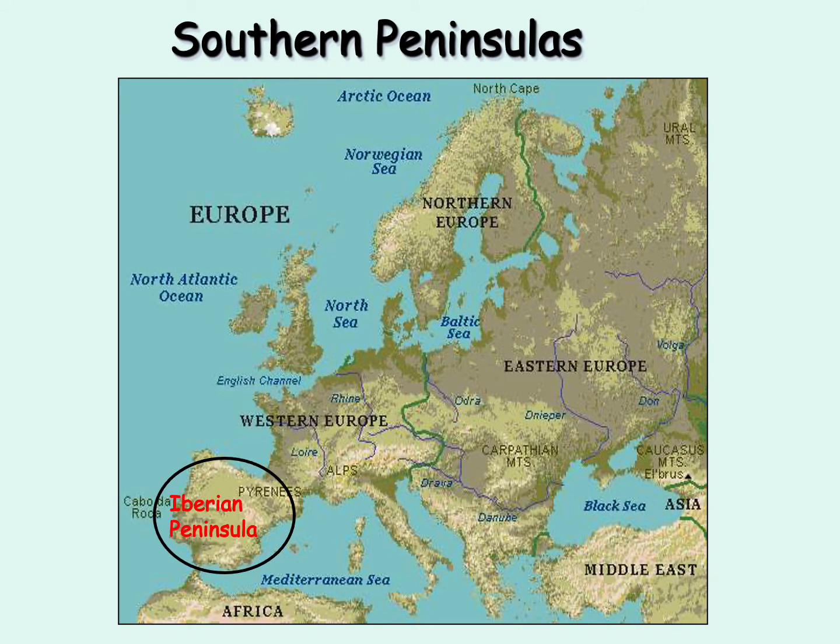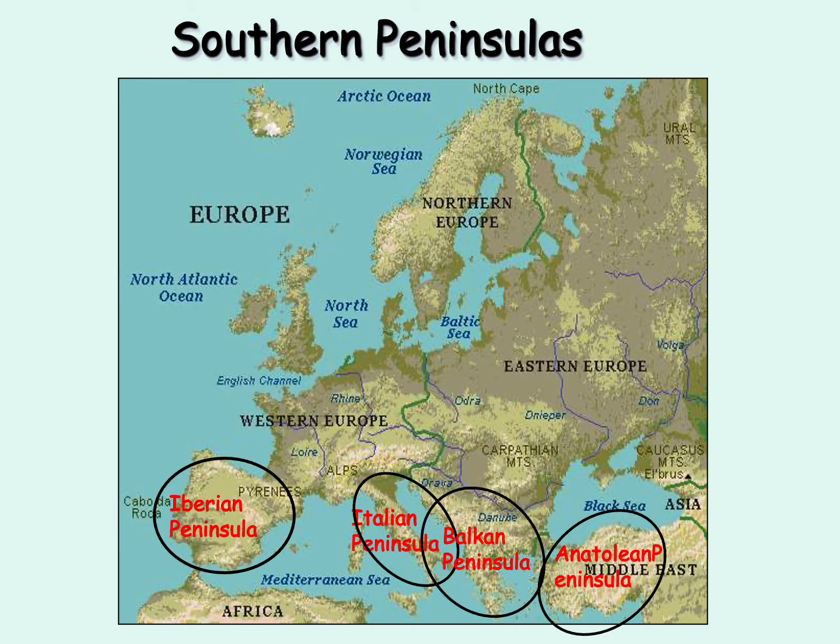We have the Iberian Peninsula, and then the Italian Peninsula, because that's going to be Italy. And we have the Balkan Peninsula, which is by the Balkans. And then we have the Anatolian Peninsula. So we have those northern ones, and we have the southern peninsulas.